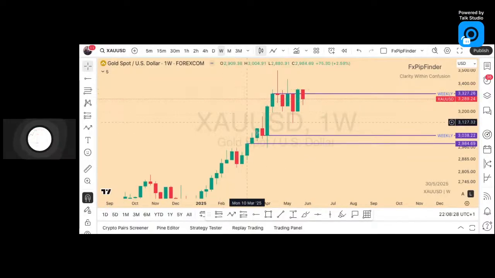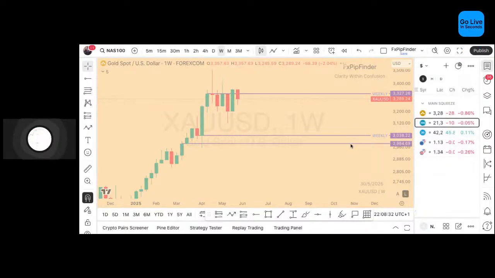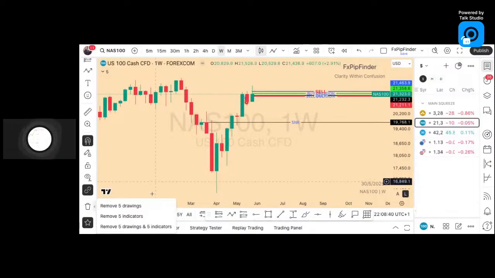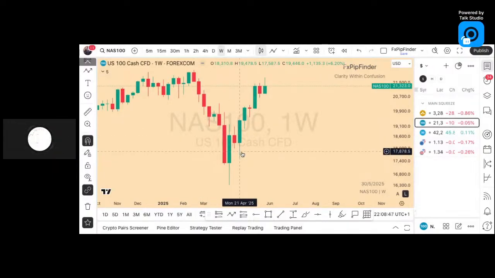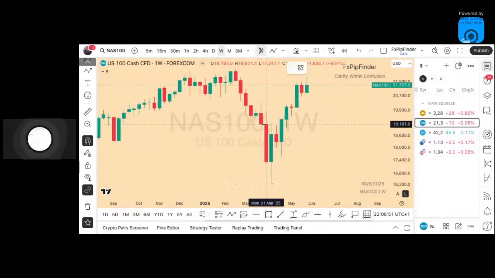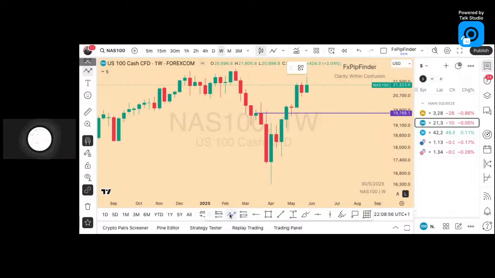And you can do this on any pair whatsoever. This is NAS 100, for example, and every single thing applies. Look at this opening price right here. The market came back into that price before dropping.